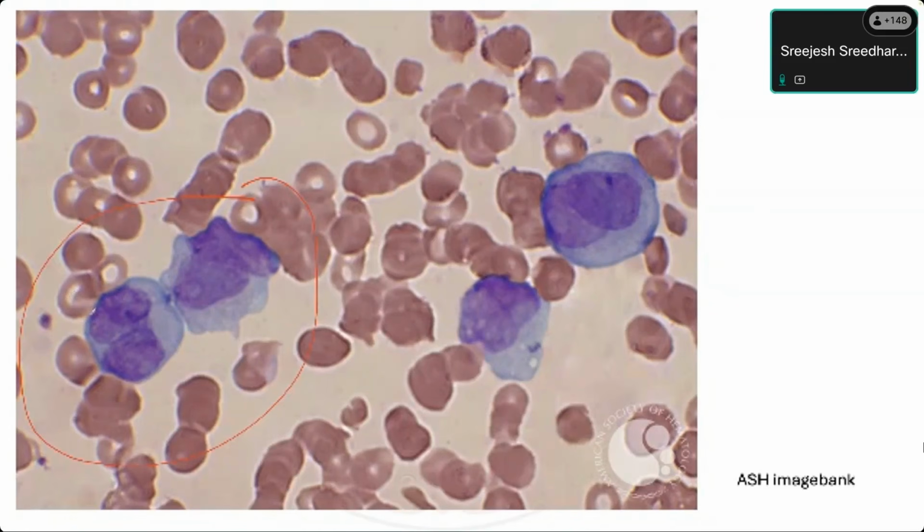But the morphology is classical. It is confused with which other AML? What is the closest differential diagnosis of microgranular variant of APML? Monocytic leukemias, right? Yes. So this is the microgranular variant of APML, right?